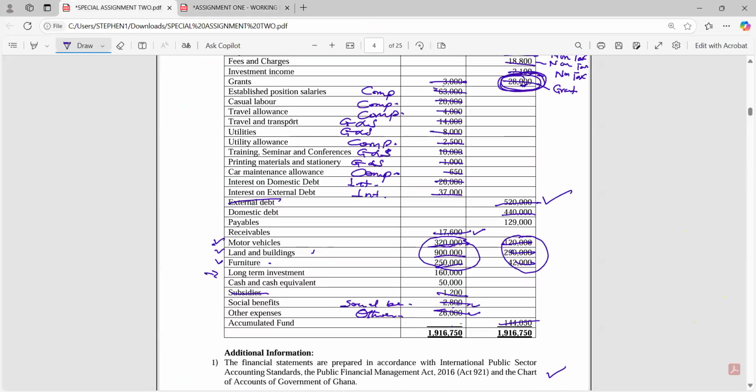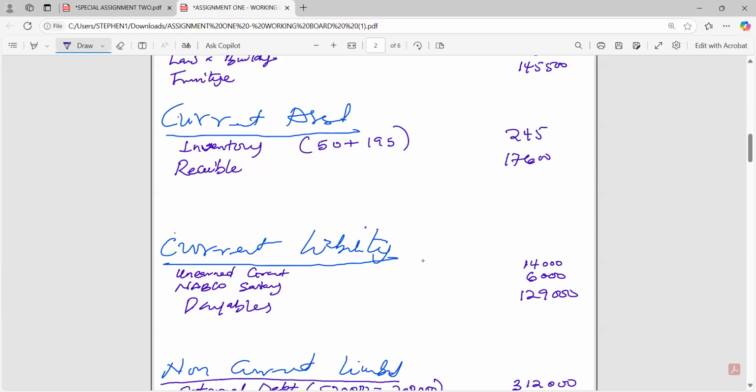Good. 17,600. Now, long-term investment, we have already done on that. That's when we did impairment on it. Cash and cash equivalent, 50,000.